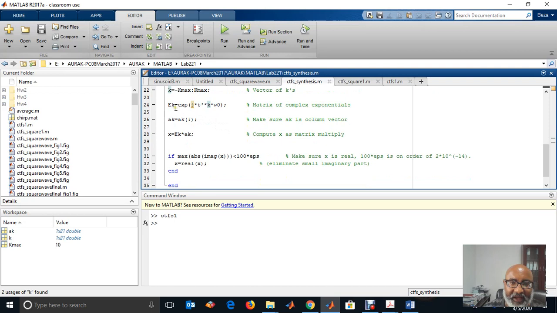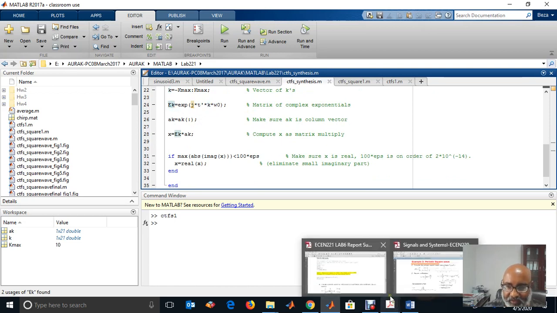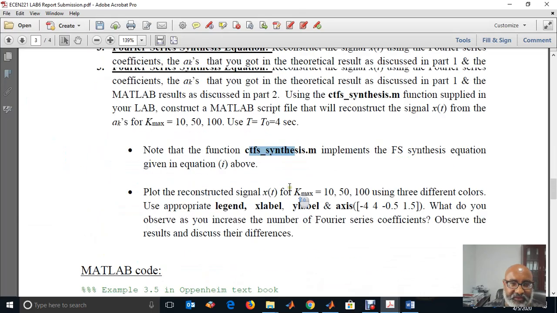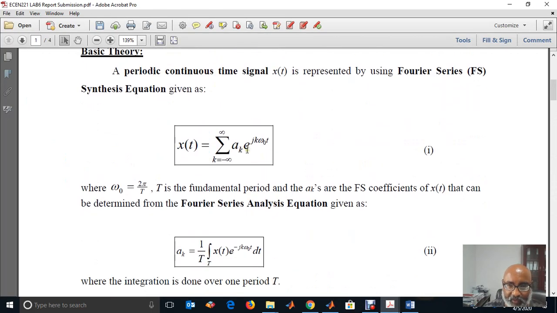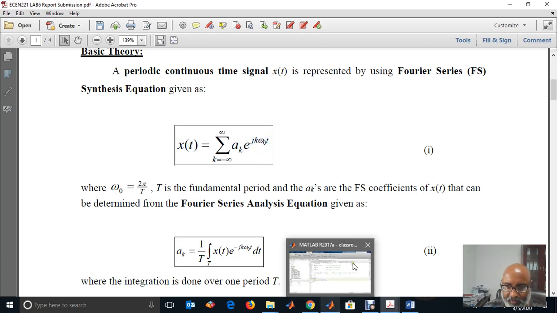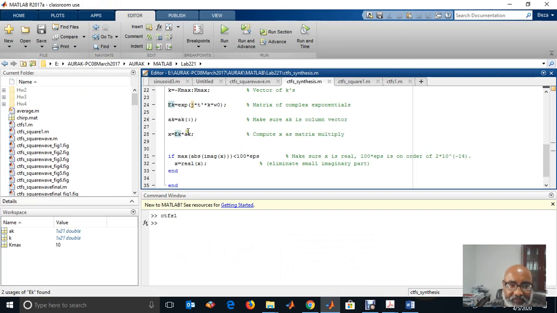And here omega naught is 2 pi over T naught, of course, and k from minus Kmax to Kmax. And here is the exponential function. What is this exponential function? From the theory, when I go back to the theory, this one, e to the power of j k omega naught t. So this is the theory. So again, go to the MATLAB.